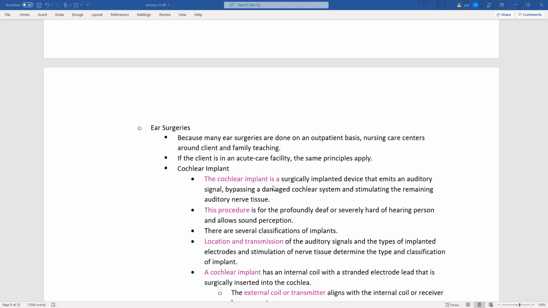So there are several classifications of implants. Location and transmission of the auditory signal, the types of implanted electrodes, and stimulation of nerve tissue determine the type and classification of implants.